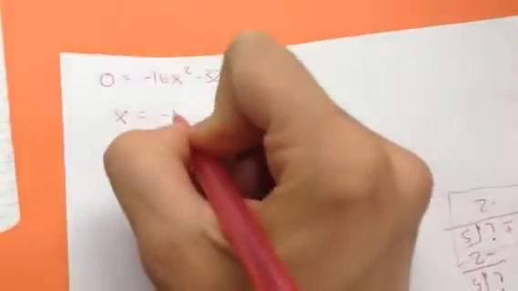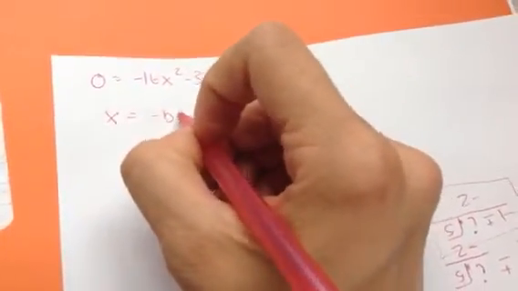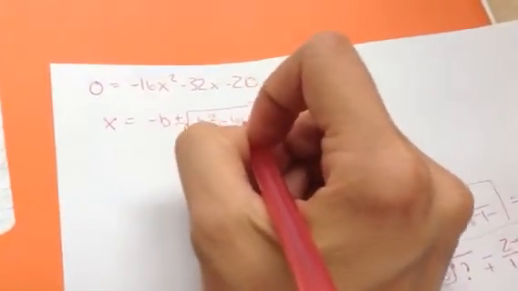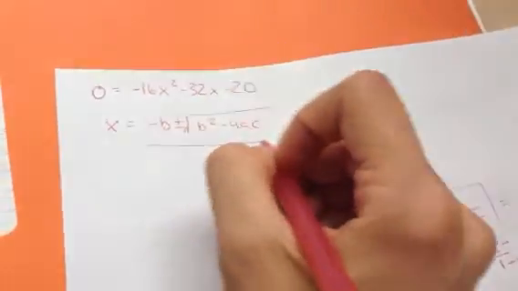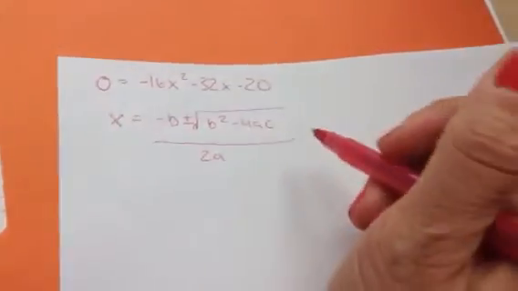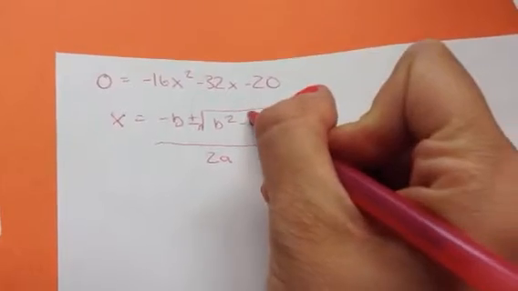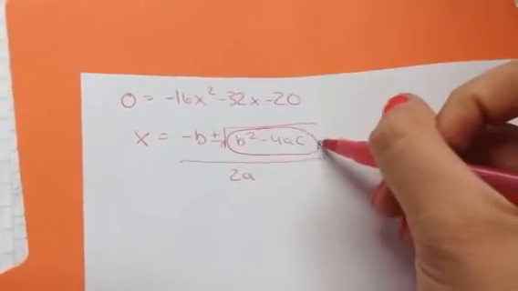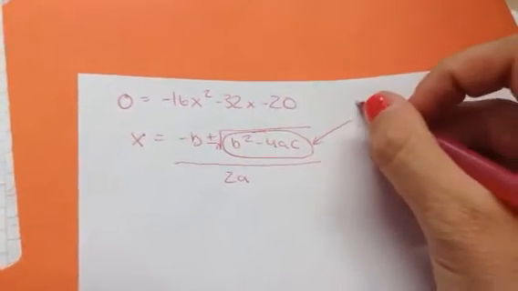So here's my equation. If I have my quadratic formula, x is equal to negative b plus or minus the square root of b squared minus 4ac, all over 2a. The only part that I care about for the type of solutions is the discriminant.